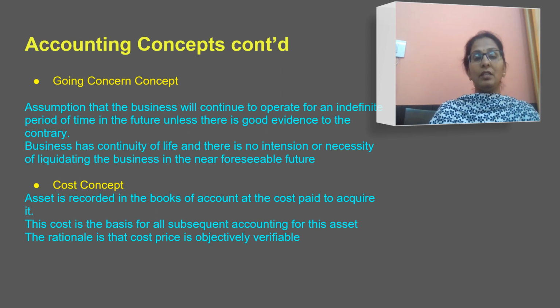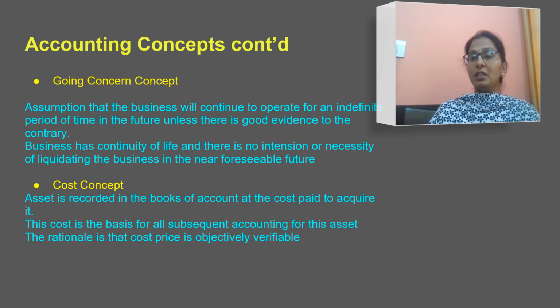The next concept is the going concern concept. Under this concept, we assume that the business will have a long life. It means the business has an indefinite period of survival. So we don't believe that I'm running a business that may last 1 week or 1 month, right?